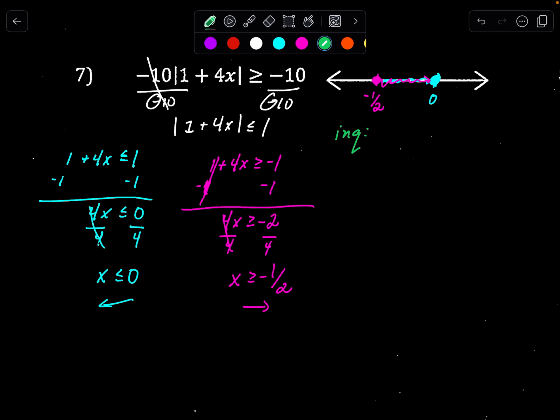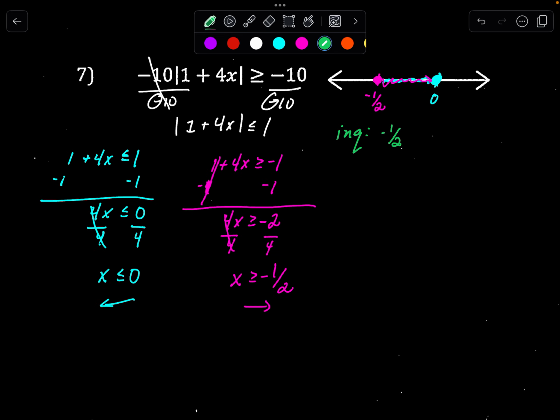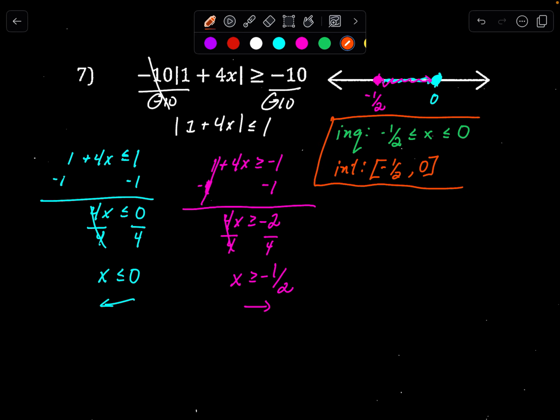You're going to get negative 1/2 less than or equal to x less than or equal to 0. Okay, your interval notation is going to give you bracket negative 1/2 comma 0 with a bracket. And there you go. Done.